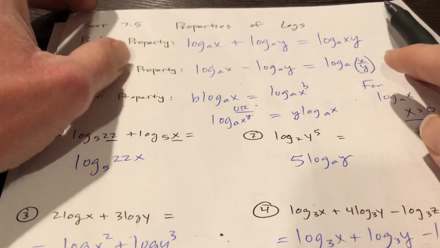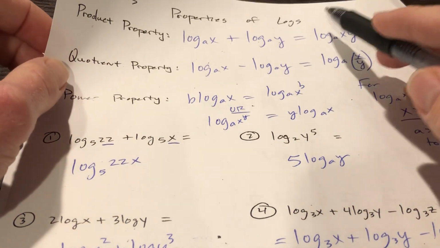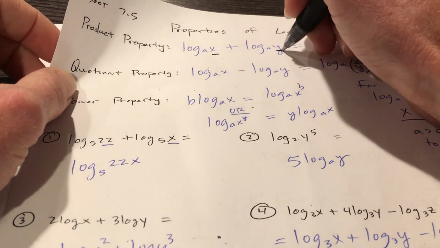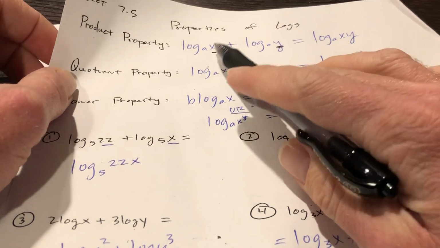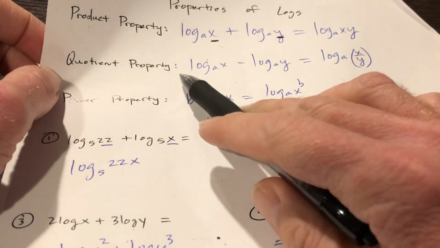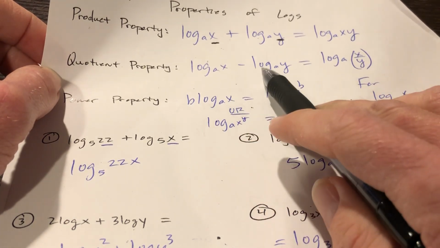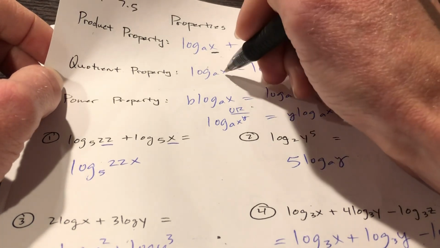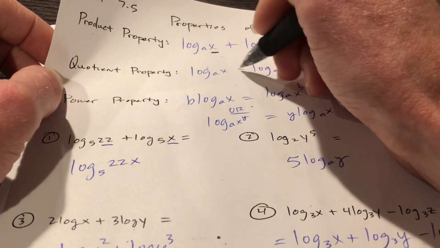Log base a of x plus log base a of y. The product property says in the log world, when you're adding logs with the same base, you're going to multiply. X times y is xy. The quotient property says log base a of x minus log base a of y is log base a of x divided by y. In the log world, subtraction means division.